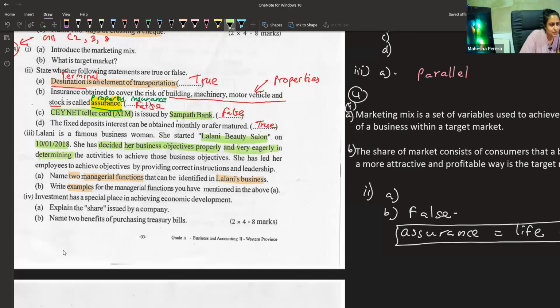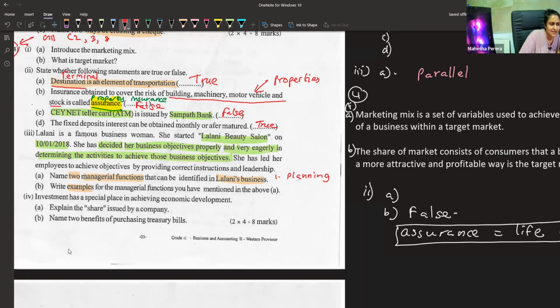Now your answers should be this much. For the first one, A, you can write planning. One of the functions in this case is planning. And for the example, you will have to write everything.